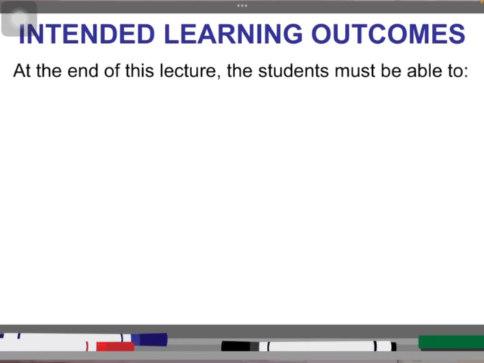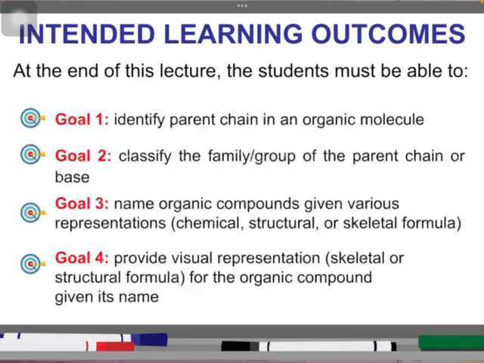So, let's look again at our intended learning outcomes to see if we hit them. So, goal number 1, yes. Because each classification of organic compound has a different way of naming the parent chain. Like for example, if it is an aldehyde, we will call it something with alkanal.